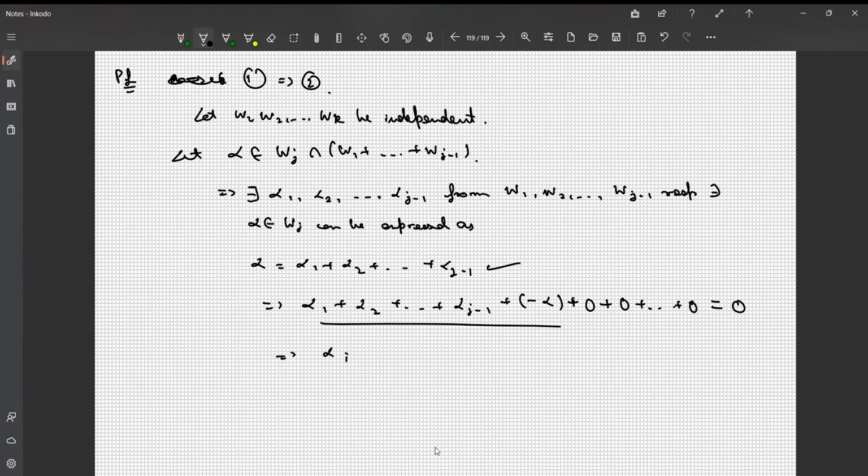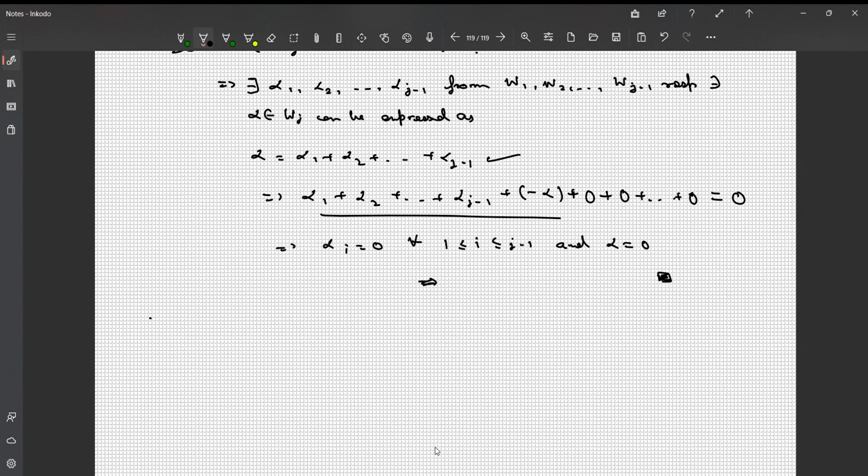That implies alpha i must be 0 for all i from 1 to j minus 1, and alpha indeed is also 0, right? So that is exactly what we have in statement number 2. Is it clear?